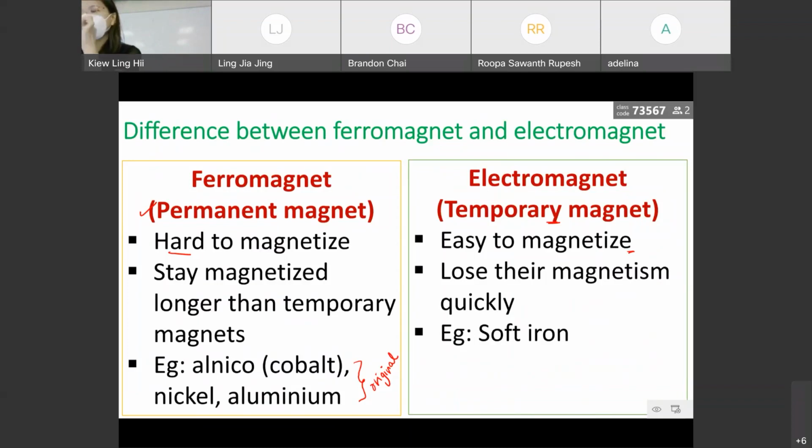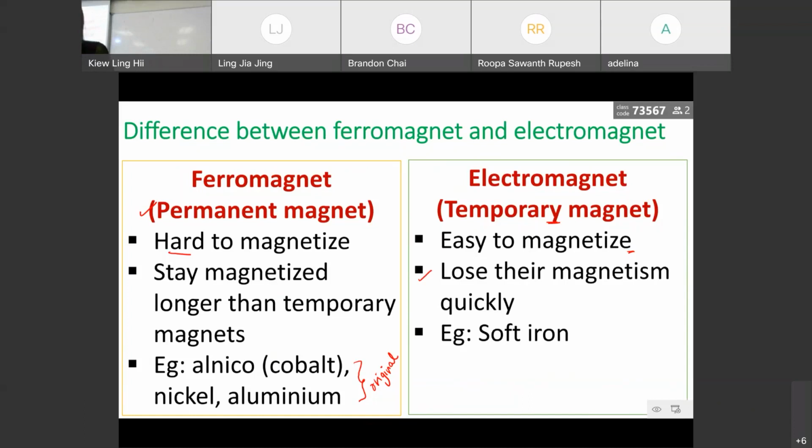The strength is very weak, but it still can act as a magnet. So it's easy to magnetize, and at the same time it loses its magnetism quickly. If your scissors are magnetized and you want them to lose their magnetism, just drop them on the floor.